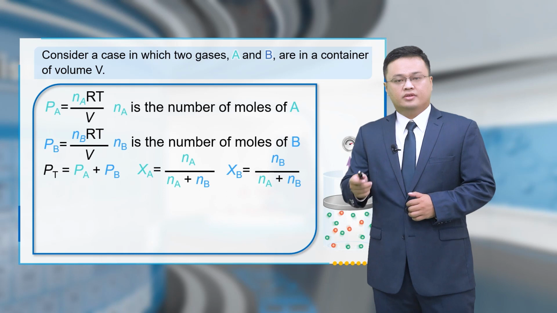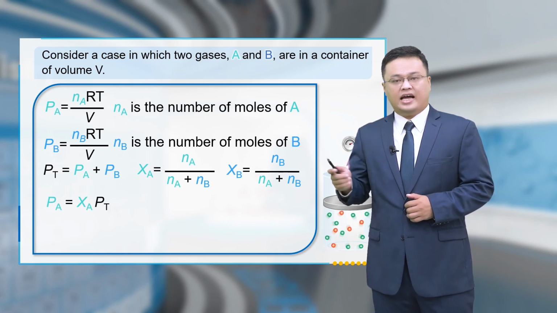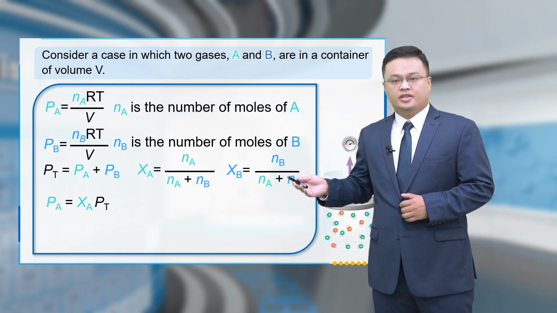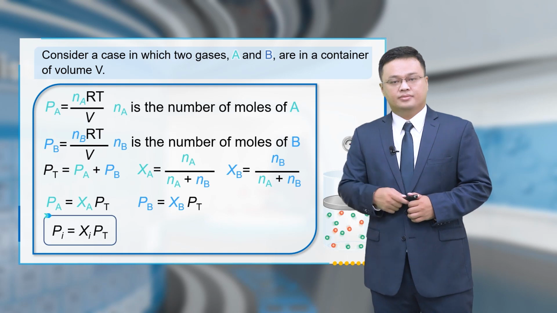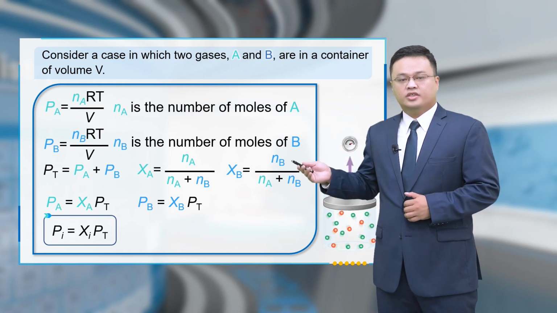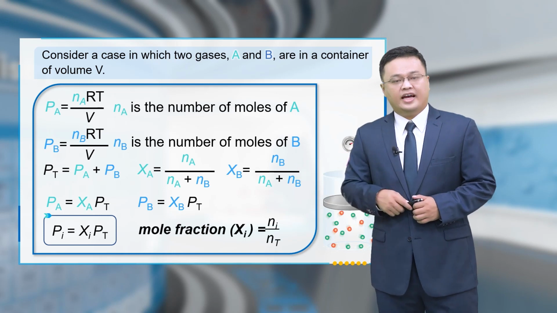Therefore, the partial pressure P_A equals X_A times P_T. And more generally, P_i equals X_i times P_T. We can use Dalton's partial pressure equation for gas mixtures of any kind.